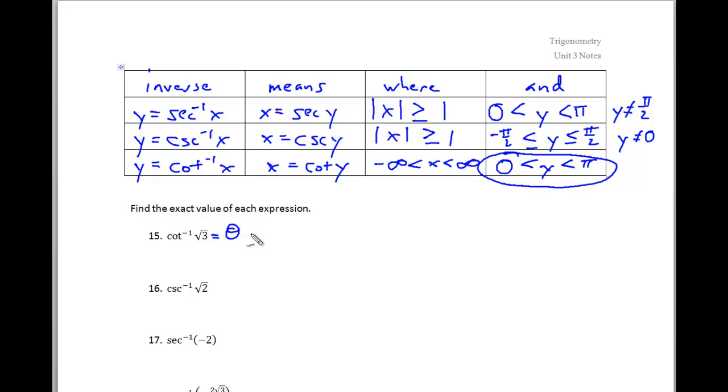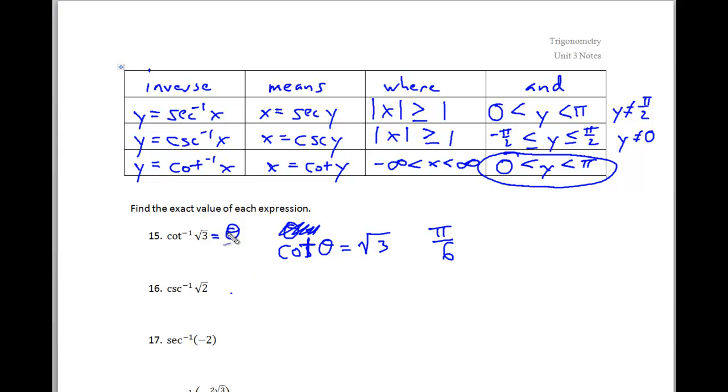Now if we go to our unit circle, we can easily find our values for theta, because we're going to try to find out where theta is. So the cotangent of theta is equal to the square root of 3.